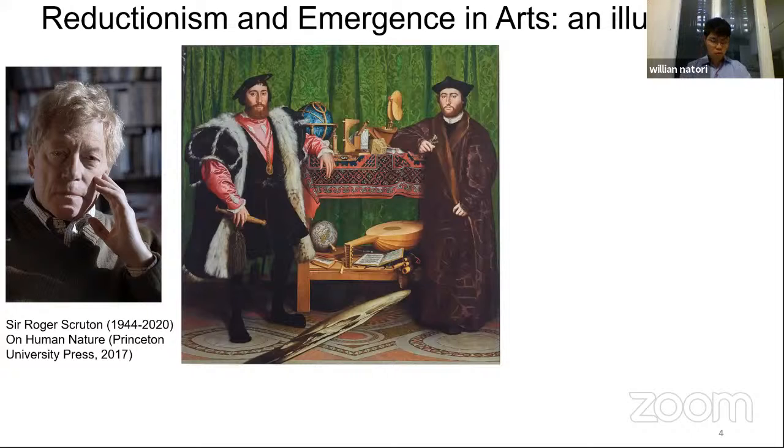He claims that if you want to know what emergence is, you have to think of paintings. A painting is certainly an object that is composed of blobs of paint, and you can actually make a pixel by pixel analysis of this photo here. Otherwise, you couldn't see it on your screen.